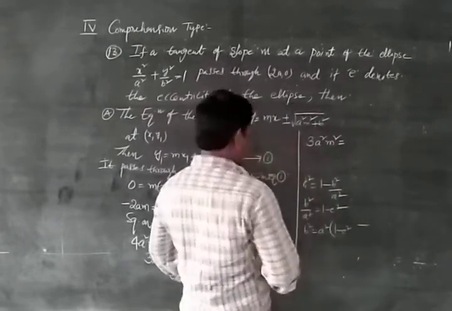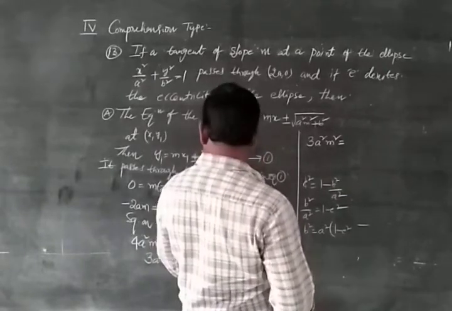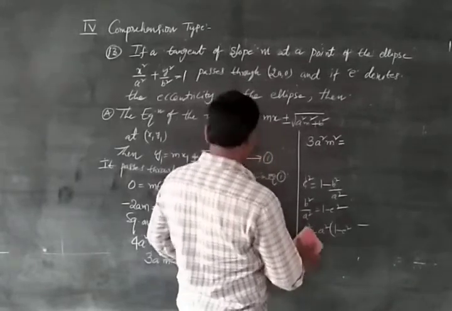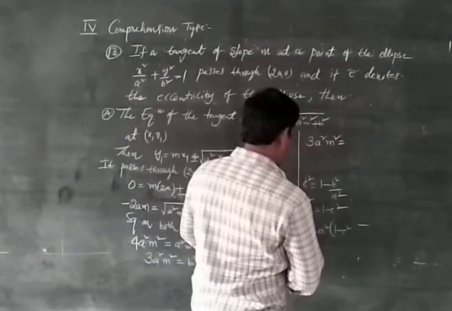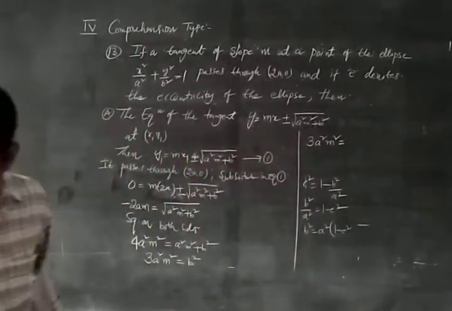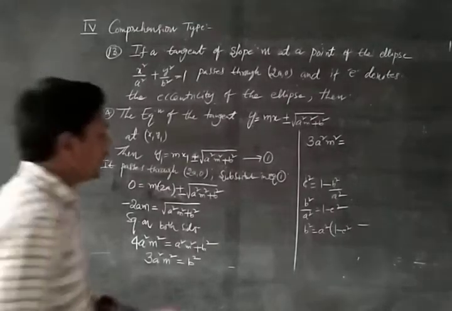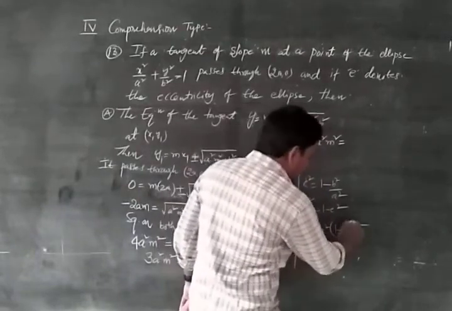Sorry. So b square equal to a square into 1 minus e square.